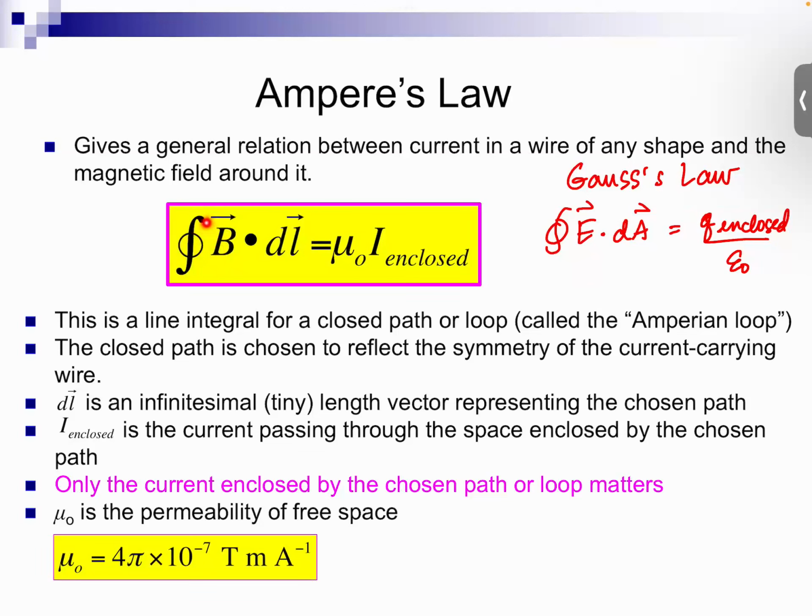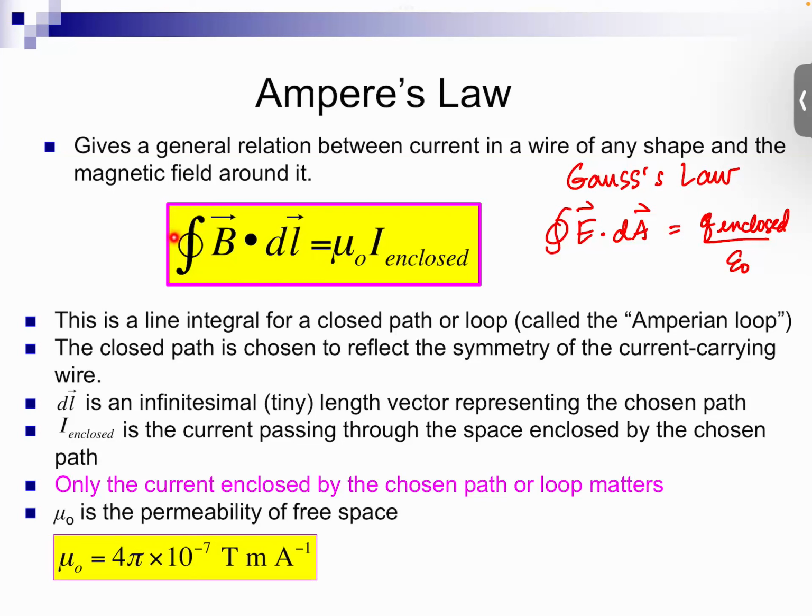In Ampere's law, the integral here is a line integral, meaning it's one-dimensional, whereas in Gauss's law, this is two-dimensional because you're taking the integral of an area. For Ampere's law, you're just taking the integral of a length. A length is one-dimensional, right?